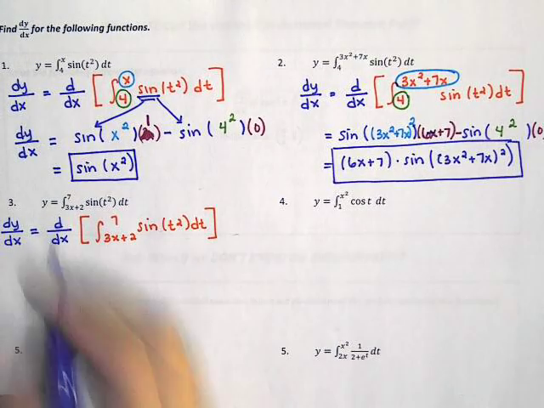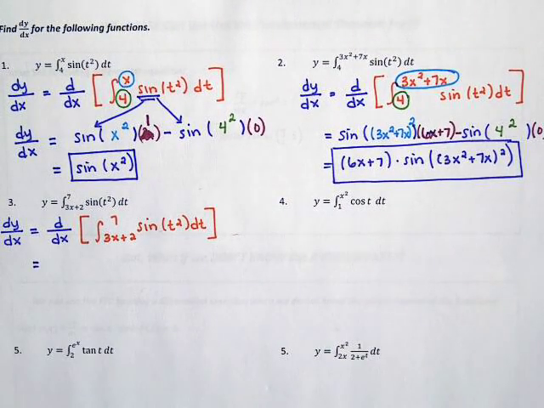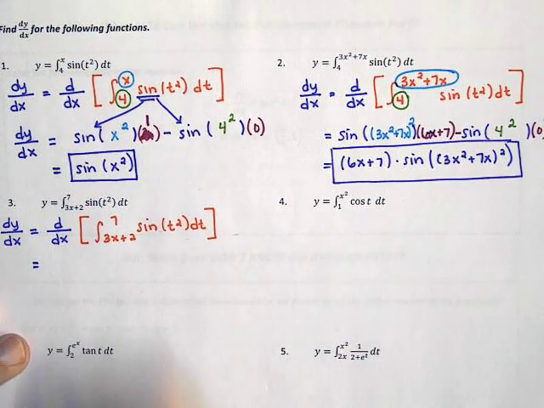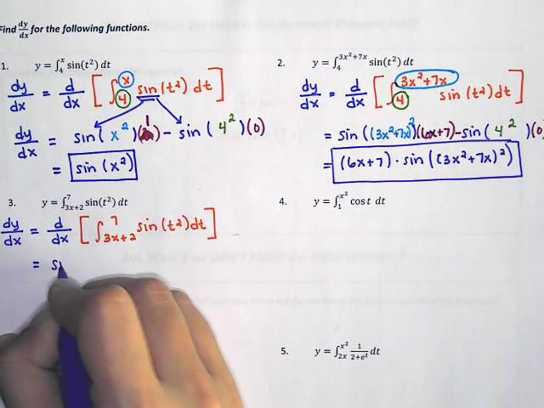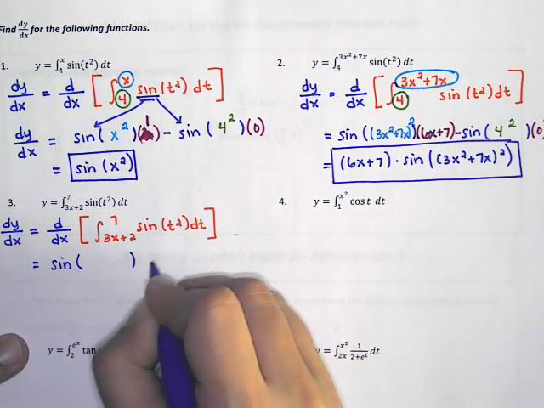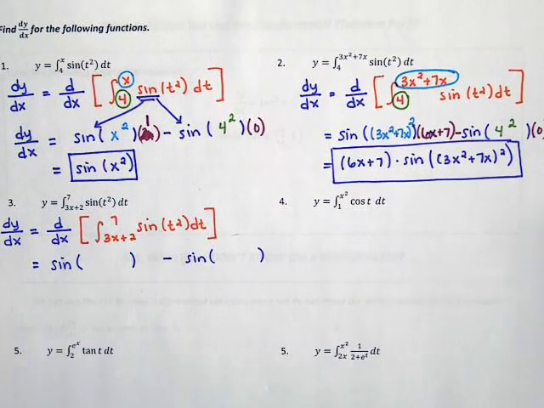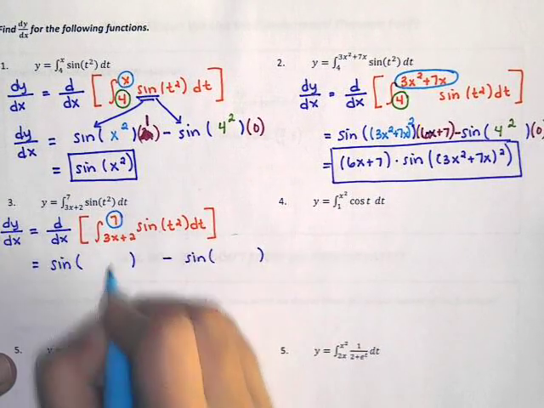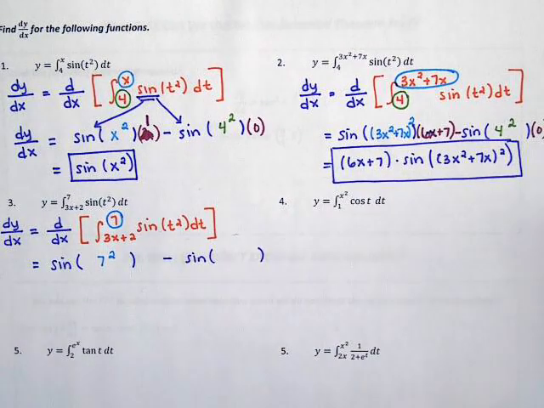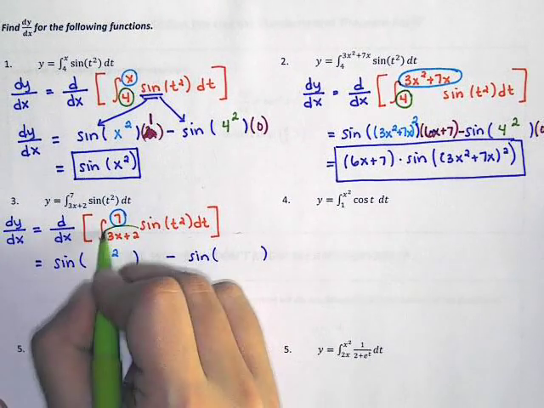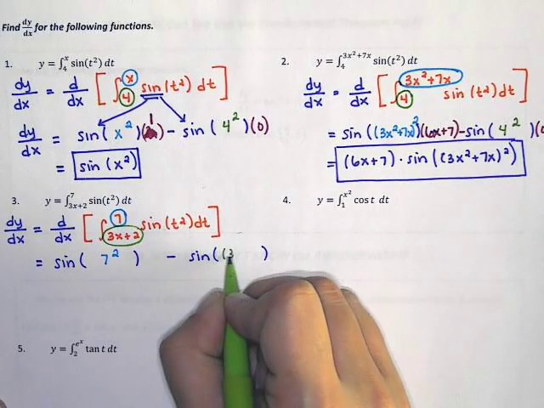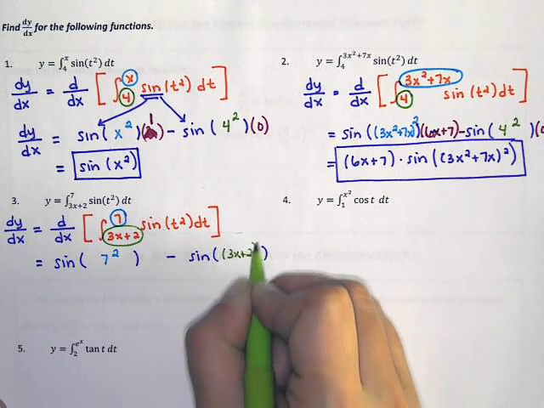So now I'm going to skip all the middle work and just jump straight to using my rule, my property that comes from the fundamental theorem of calculus. And what that says is that the sine function is going to stay the same. And all I have to do is plug in my upper bound, which would give me 7 squared, and my lower bound, which would give me 3x plus 2 squared.